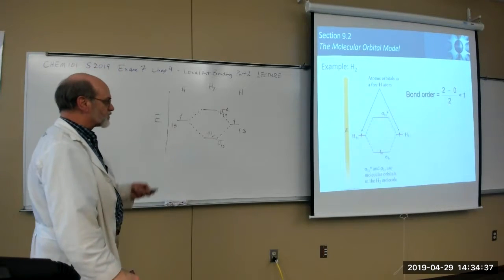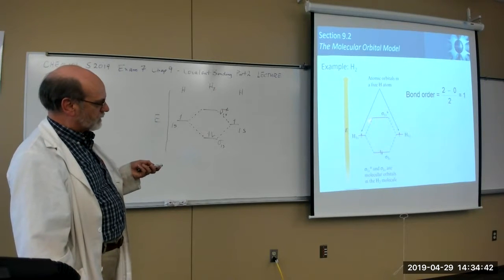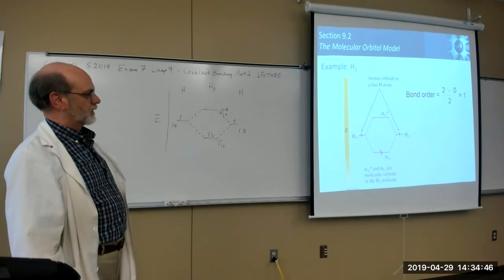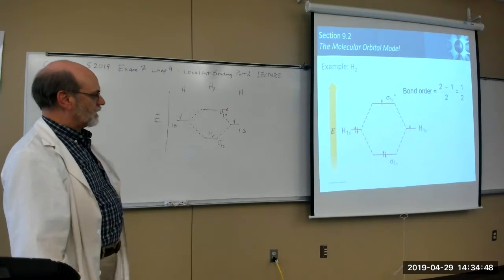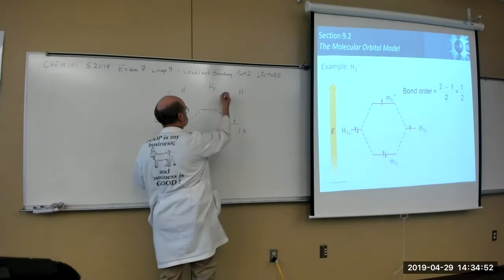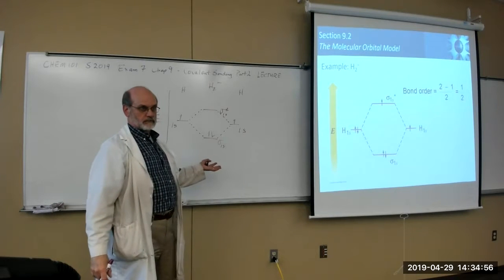So here we have H2, as I've drawn it here, with our bonding, anti-bonding. Both electrons are in the bonding. Bond order is 1. Okay, we've done that. Now, what happens if you add an electron to that molecule? Where does it go?